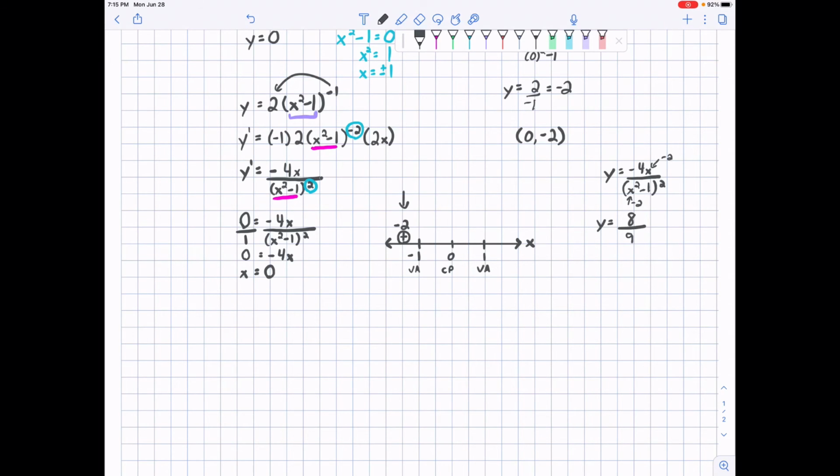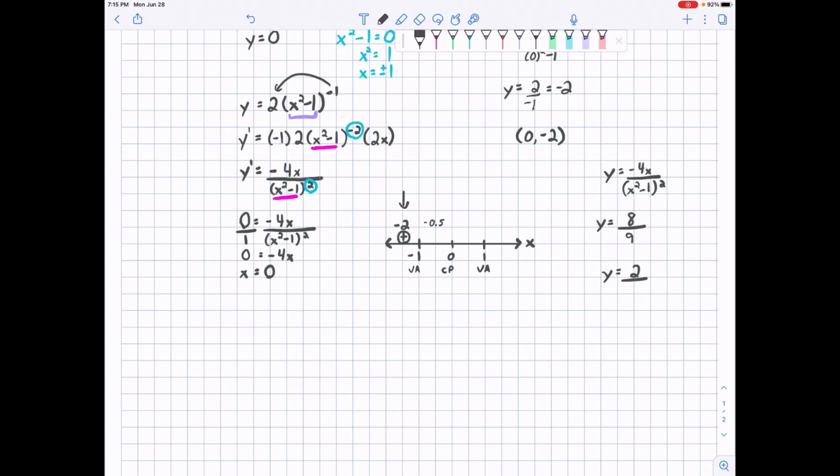Now I'm going to choose a value between negative 1 and 0. The only one to really pick here, to be honest, is negative 0.5. You could choose anything, but given that I'm doing the arithmetic in my head, negative 0.5 seems to be the easiest one. So if I plug in negative 0.5 for x, I would get positive 2 in the numerator.